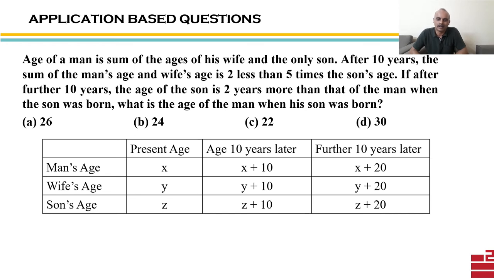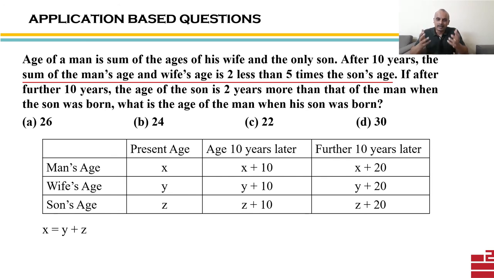So our first line, that is, the age of the man is the sum of the ages of wife and son, leads to the equation x is equal to y plus z. Further, the second line says the sum of the man's age and wife's age after 10 years, meaning the second column figures, x plus 10, y plus 10 and z plus 10.